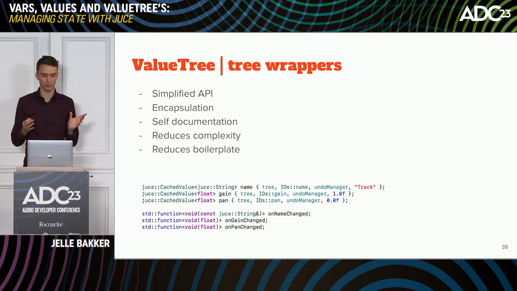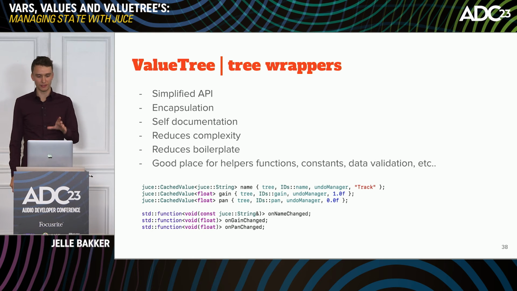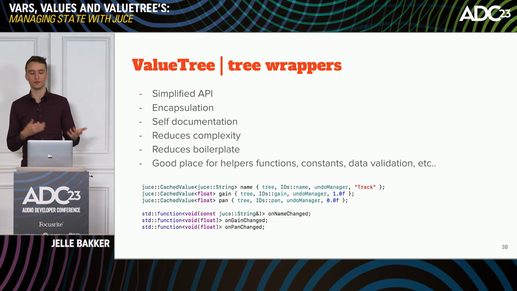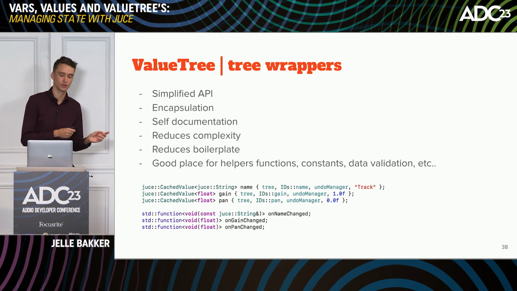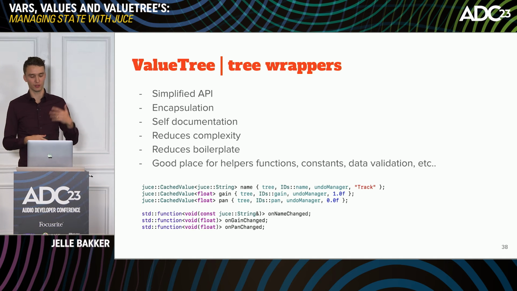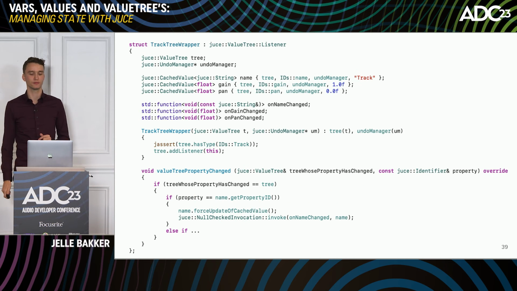When using these wrappers, your code is much more simple. And these wrappers can also be a great place to put in other stuff like helper functions to convert, maybe a 0 to 1 to a normalized range, or you can put in constants for ranges or put in data validation. So this can be a nice place to put in sort of metadata stuff.